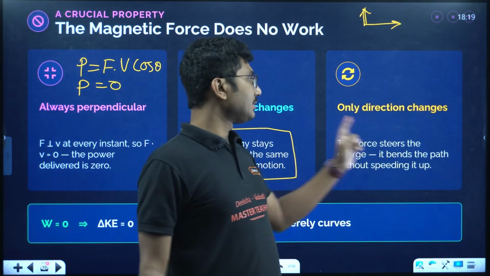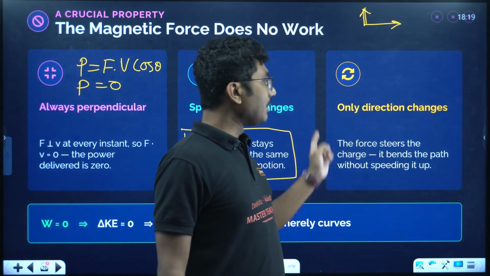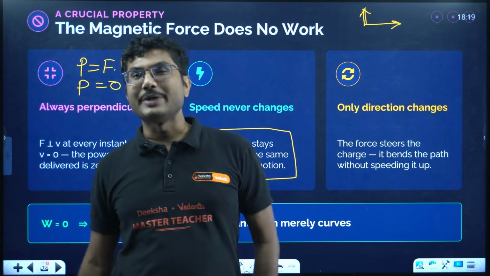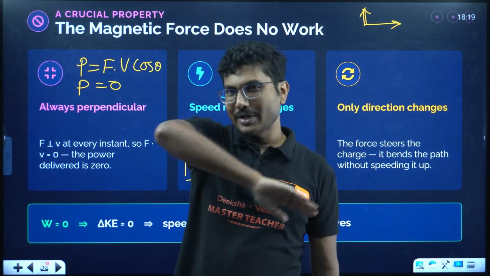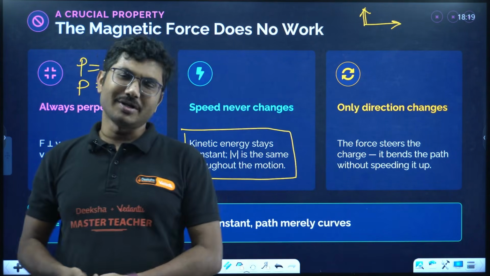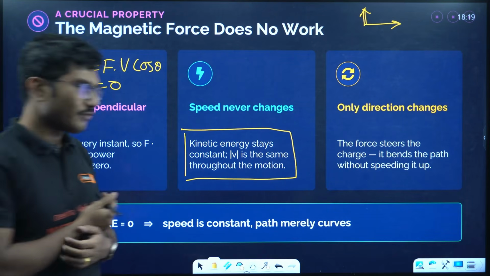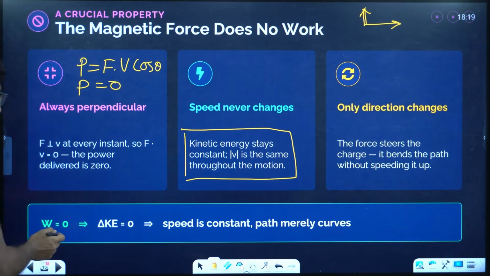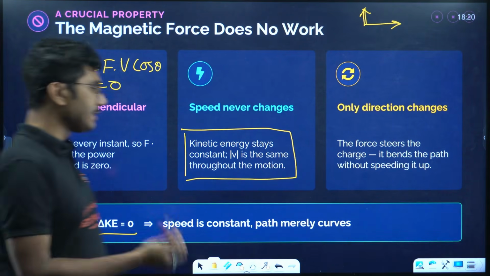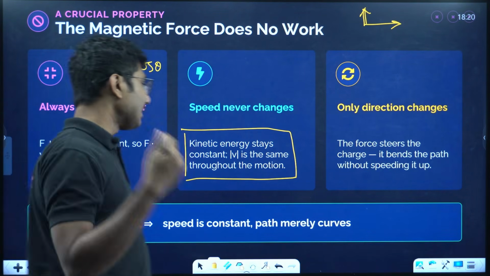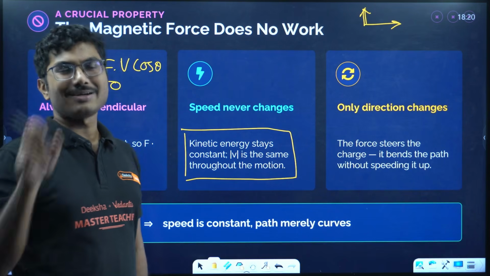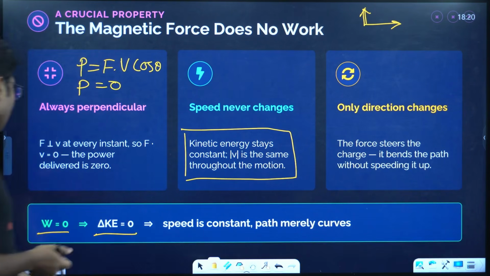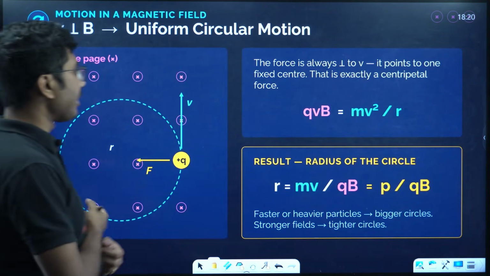The force steers the charge, it bends the path without speeding it up. It says you can change your direction, but you cannot change your value. So work done is 0, change in kinetic energy is 0, speed is constant, the path merely curves, meaning only the direction changes. These are very important points about this.